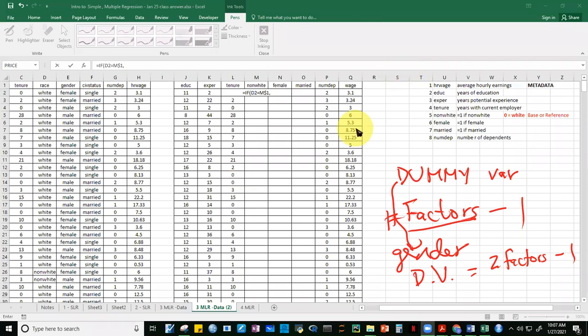Non-white. Yan, correct. Thank you. Thank you, Nicole. 1. Tama. No? So, 1 siya. 1. Otherwise, anong value ilalagay natin?